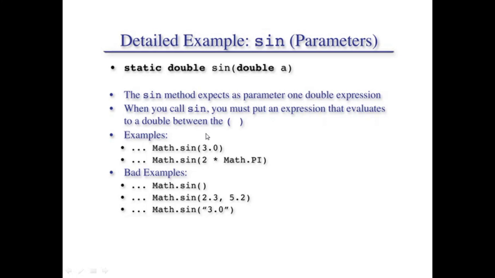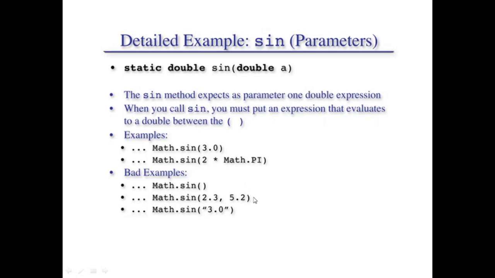We have already seen in our previous slides that we can call the sign method by directly using the class name, and then we can pass any argument of the data type double, as it is defined in the signature or declaration of the method. So 2 into Math.PI, as we have used in the previous slides, and you can also pass a direct value like 3.0.